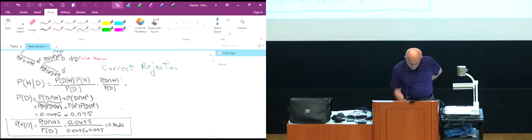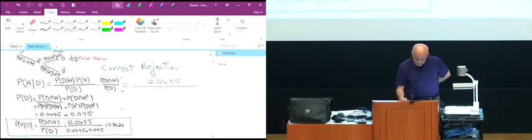Let's look at the denominator here. Let's go back to the denominator. So in the numerator, we have the probability of D and H, which we computed to be 0.0495. And in the denominator, how can I rewrite this?